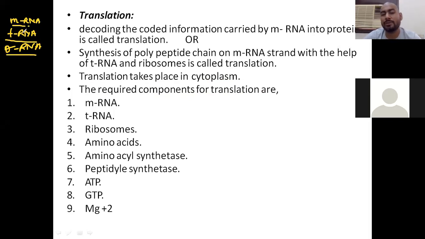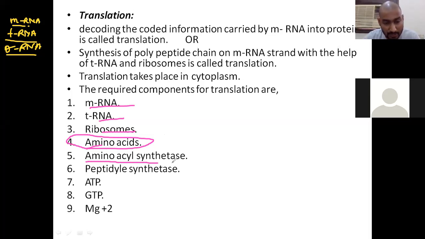Along with this, some others are also important, which you can see here. mRNA, tRNA, ribosome. Amino acid is very important, because during this they are going to synthesize the protein. Protein is basically made up of amino acids. Just wait one second: the protein monomer is considered as an amino acid, so amino acid is important.